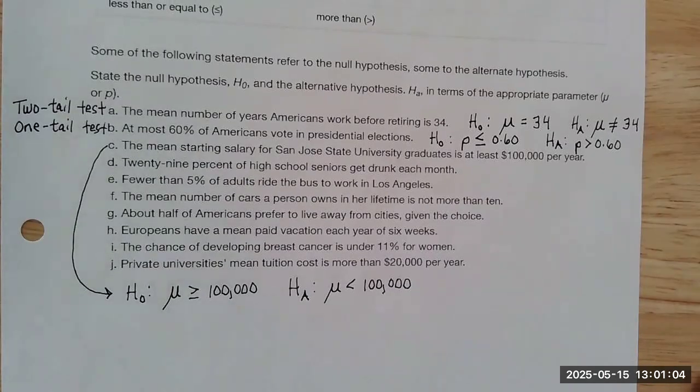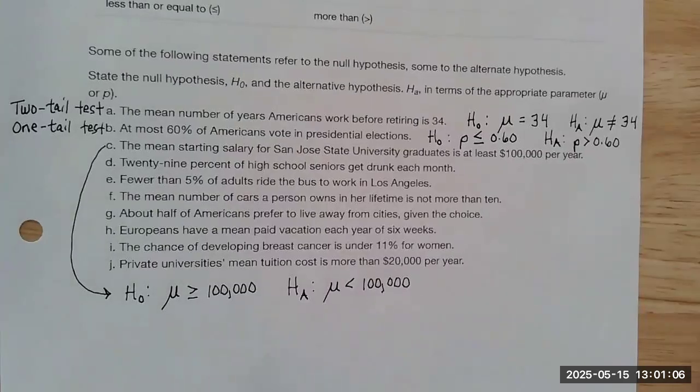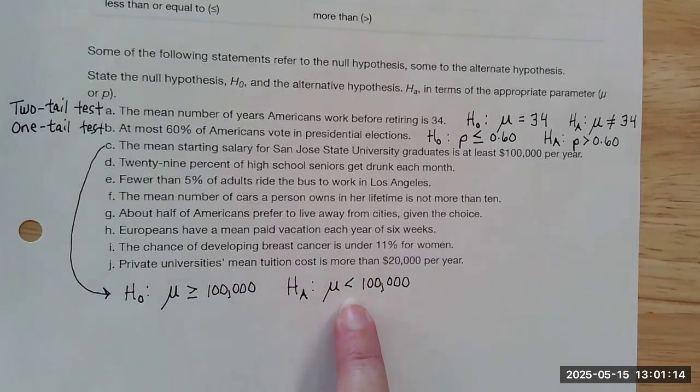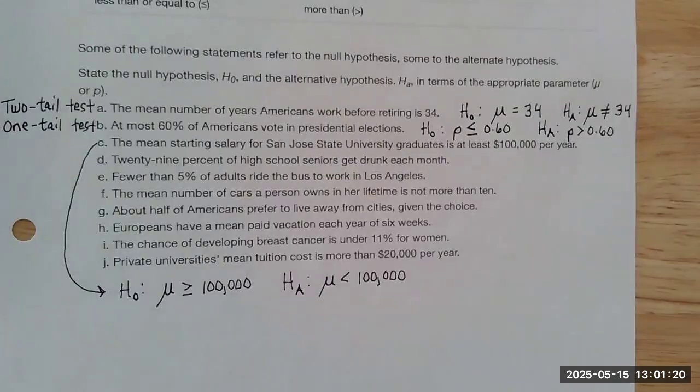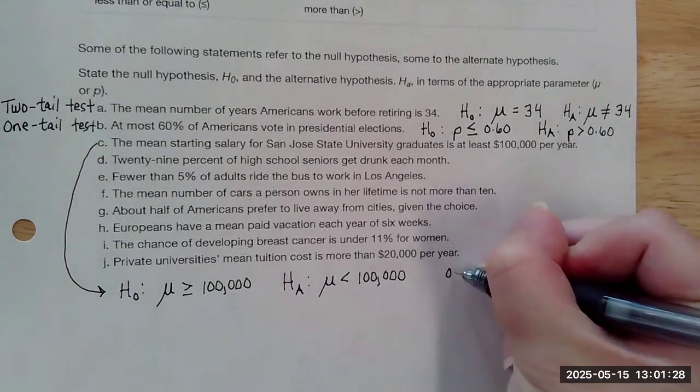The reason it's a one-tail test is that if it turns out we don't have evidence to support it, then I'm saying specifically the mean is less than 100,000. So we're only looking on one side of the distribution. We're not saying that it could be less than 100,000 or more than 100,000. We're just saying it's on the one side. So this is a one-tail test.